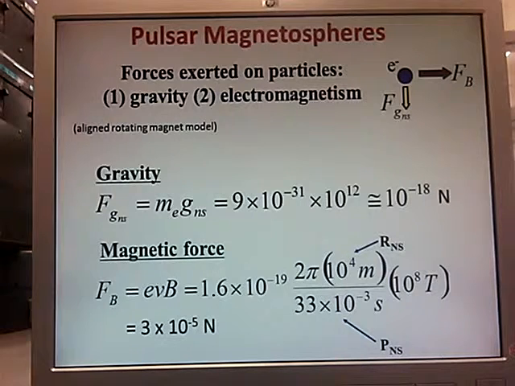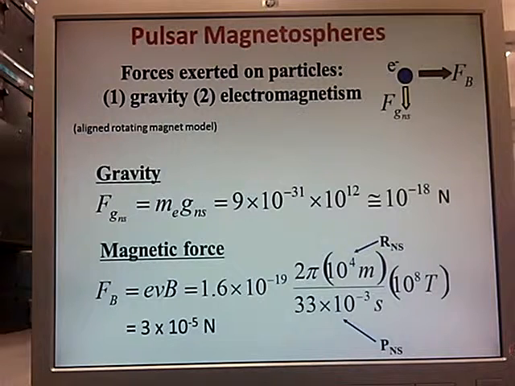That's the largest it's ever going to be. If you check that for, say, an electron, you find it's 10 to the minus 18 newtons. That of course seems small, but notice the value of g for a neutron star is something like 10 to the 12 meters per second squared. So gravity is really strong. It's just that we're considering a single electron, which is why we get this seemingly small force.